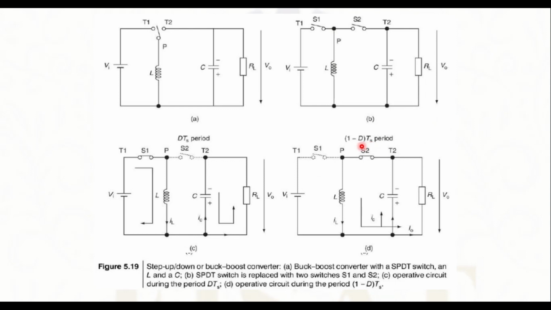That is, during the 1 minus D into Ts period, the switch S1 is open. Therefore, the total voltage across this will be equal to Vi plus Vo. At the same time, there is no voltage across switch S2.